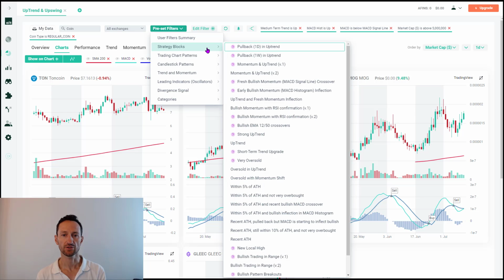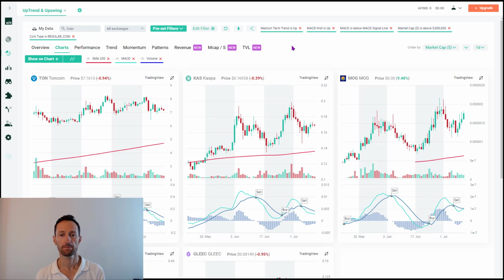I like it because I'm trading with the trend, and I'm entering at an opportune time when the momentum has just inflected bullish, and the price is about to resume its uptrend, an existing trend.